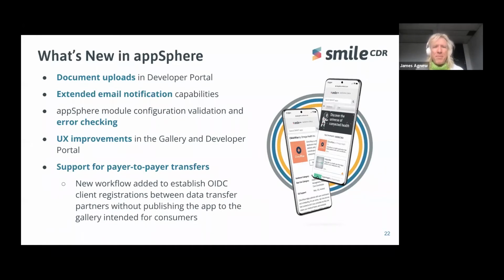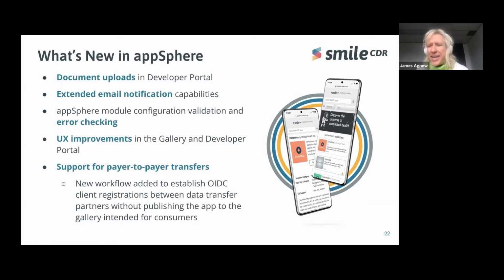We now support document uploads in the developer portal. And the developer portal, of course, is where app developers can self-register themselves so that they can potentially get listed as an application in your environment. We have improved our email notification capabilities. We've added a whole bunch of UI/UX improvements across all of the tool chain.